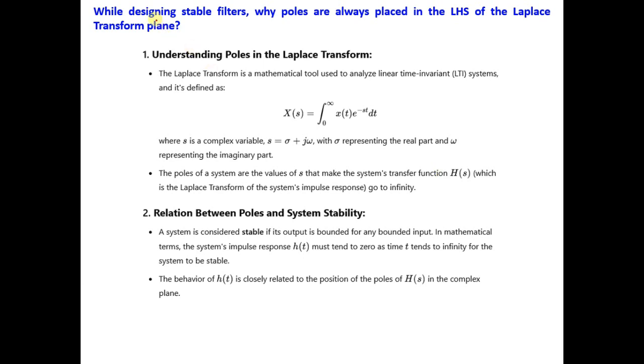There is a fact which says that while designing stable filters, poles are placed in the left hand side of the Laplace transform plane. When we talk about this Laplace transform plane, we have a 2D plane, and in it we have sigma on the x-axis.